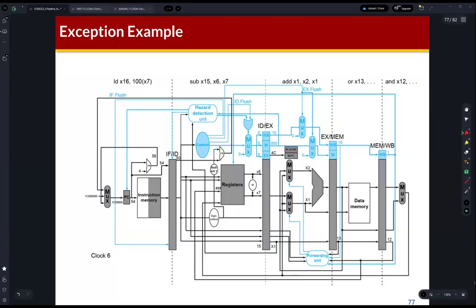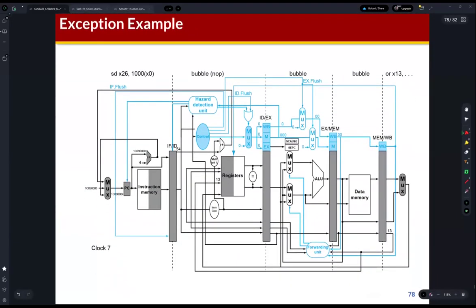As I mentioned, the add instruction is in the EX stage, and the exception is detected in the EX stage. The previous instructions are in the memory stage and write back, and these are the next instructions. Oh, exception is detected. So the PC 4C of the add instruction is stored in the SEPC, and the cause of the exception is stored in the SCAUSE.